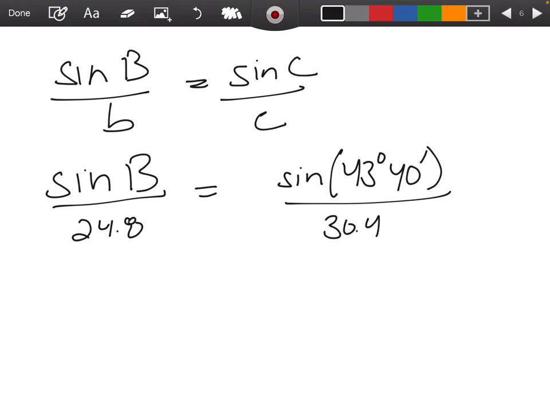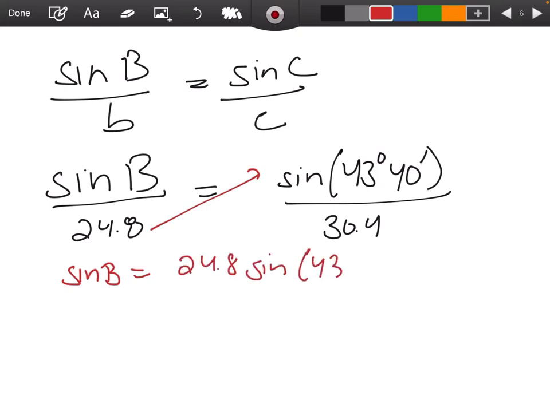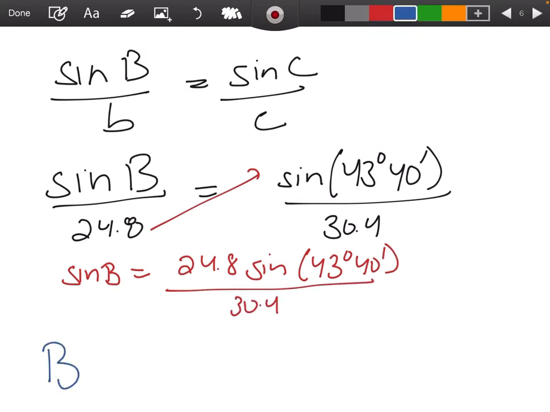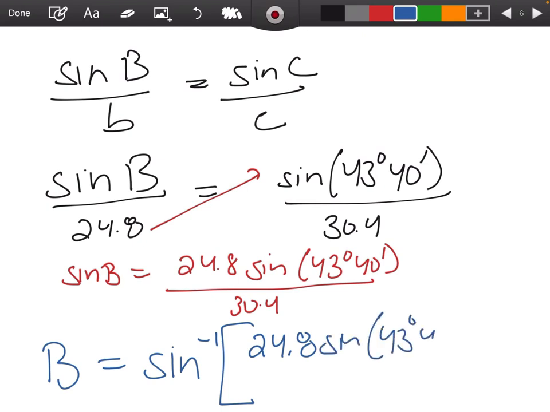If I multiply by 24.8, I get sine of B equals 24.8 times the sine of 43 degrees, 40 minutes, divided by 30.4. Then if we take our sine inverse of all of this, we should be able to find our angle for B.